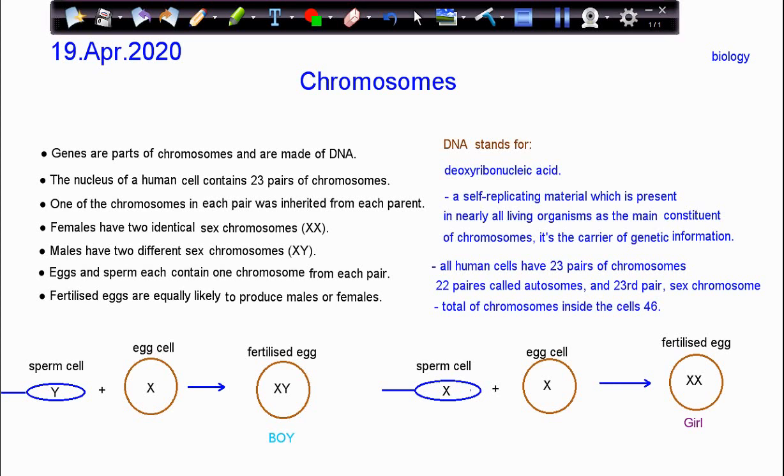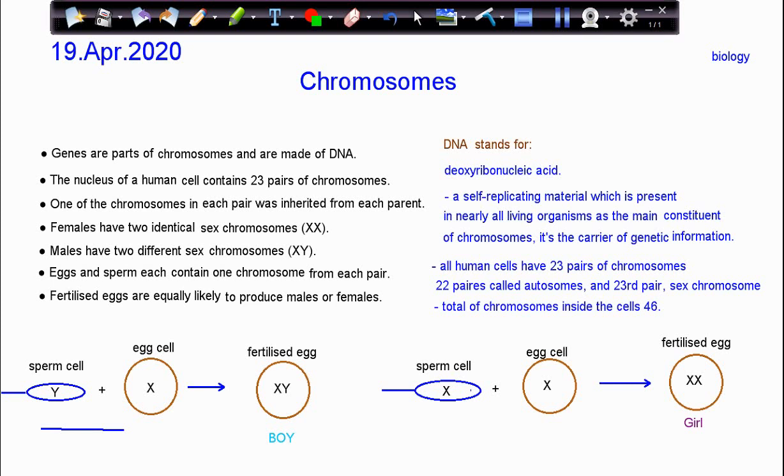All human cells have 23 pairs of chromosomes, 22 pairs called autosomes, and the 23rd pair, sex chromosomes. So the total of chromosomes inside the cells is 46 chromosomes. So look at this small diagram.